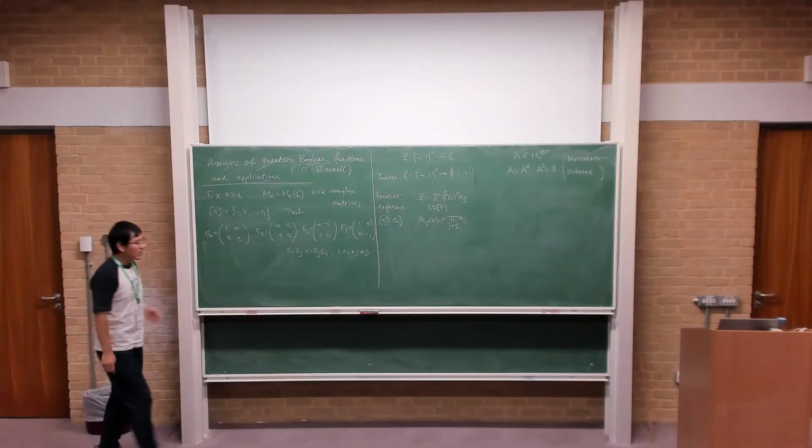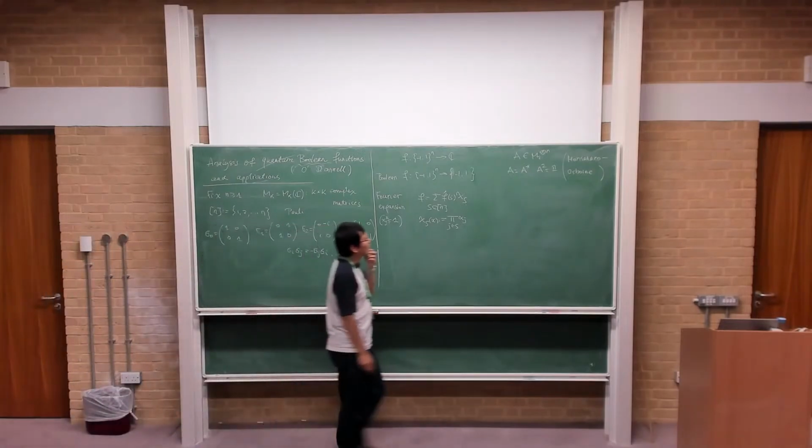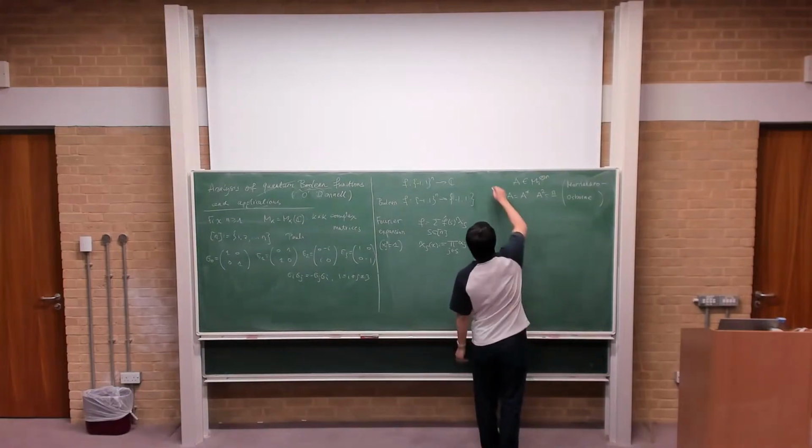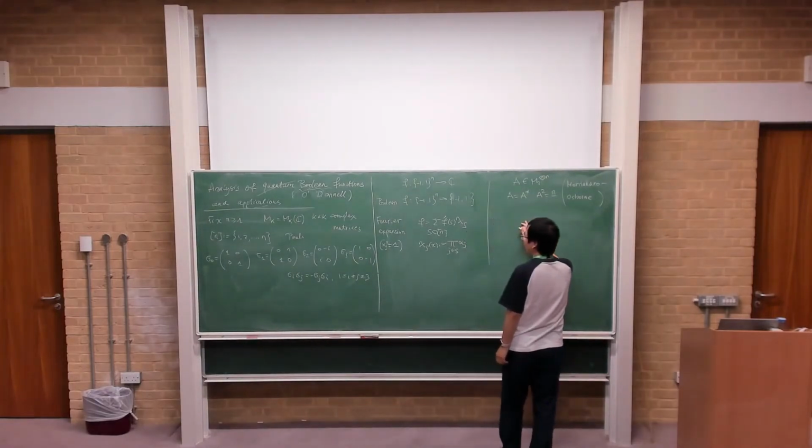Okay, so this is the basis of the 2x2 matrix algebras, and I'm going to use their tensor product to form my Fourier expansion or Pauli expansion.